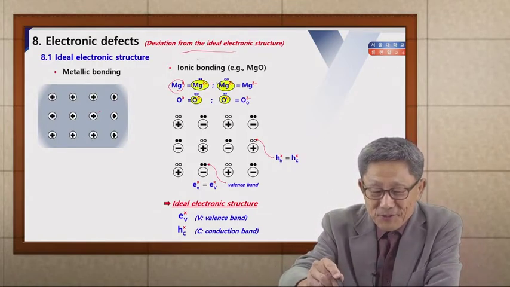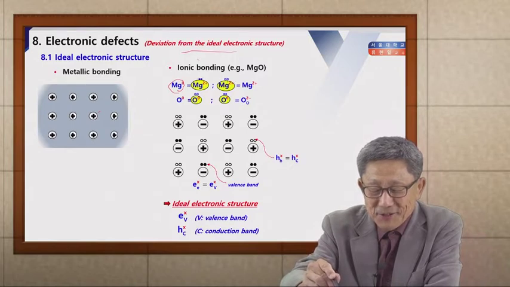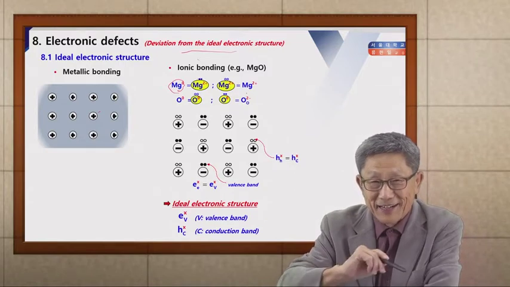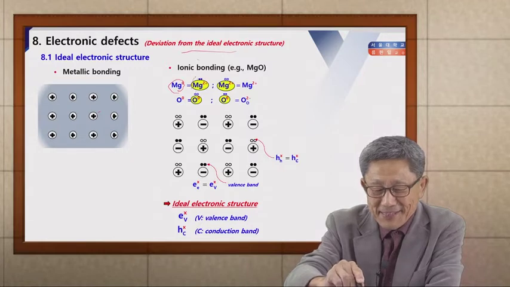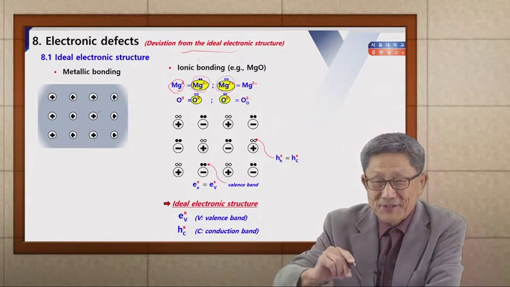Suppose that you remove these two electrons away, then you are left with only the ion core, which is the divalent magnesium ion. So I would like you to remember or memorize this cartoon. Okay, this means neutral magnesium atom, and this means magnesium ion.